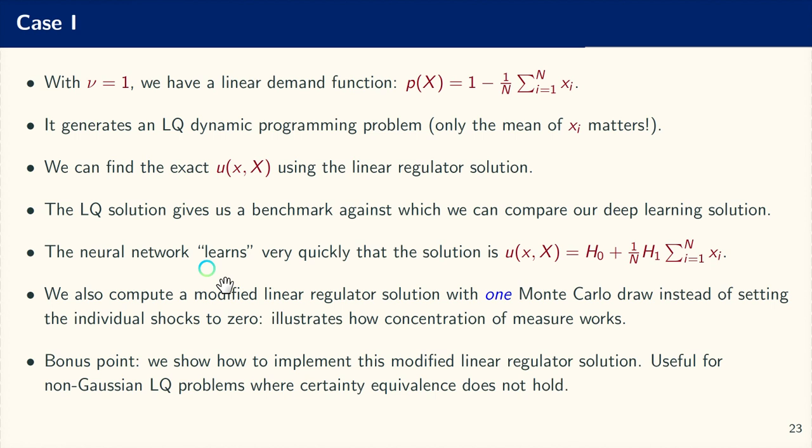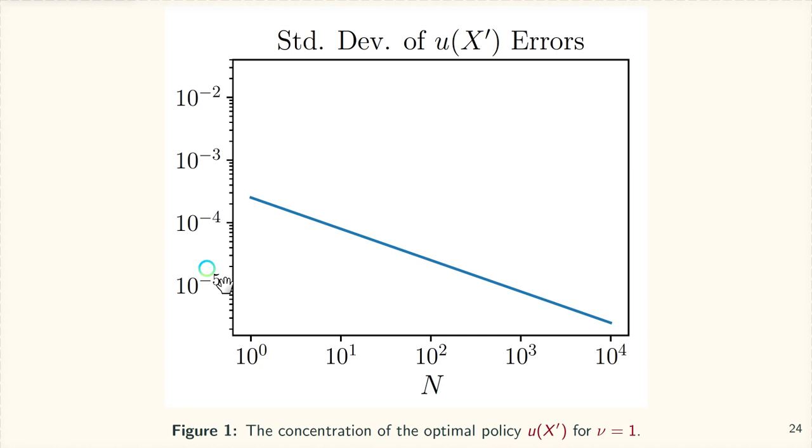And that's a little bit of a bonus point of the paper, because we show you how to implement this modified linear regulator solution, which can be helpful for solving non-Gaussian LQ problems where certainty equivalence doesn't hold. So how do I convince you that this concentration of measure works? Basically, I'm going to look at the standard deviation of the decision rule tomorrow of the firm, when I'm doing this Monte Carlo draw, with respect to the exact solution that I get from the exact LQ solution.